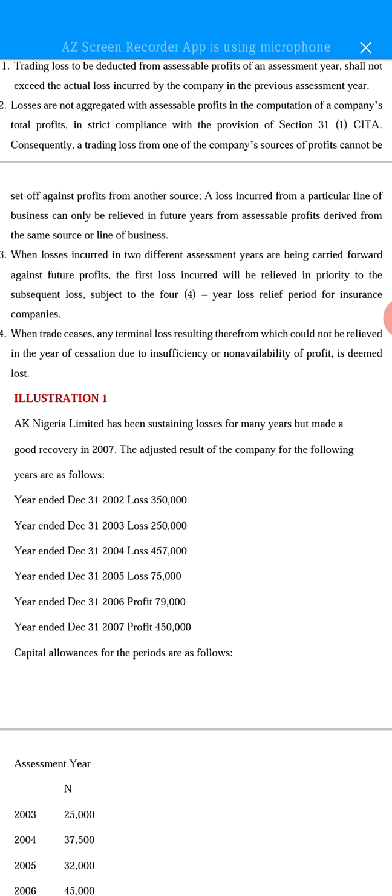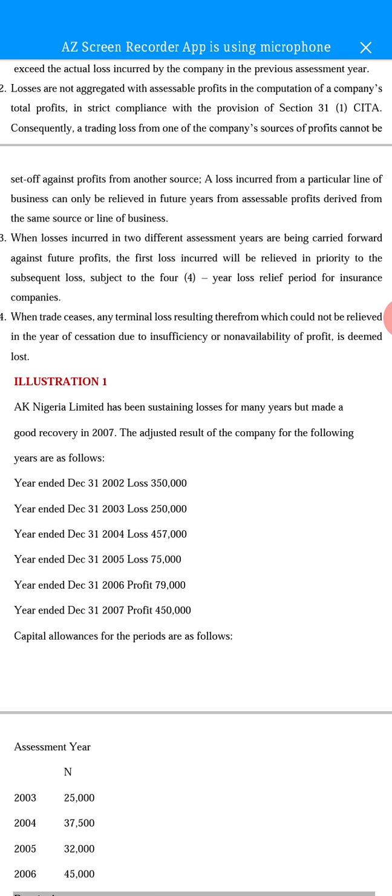That is to say, if within 4 years a company has been incurring losses, in year five, if they are to make profits, you should know that the profit they make in the fifth year, I told you they made loss in the first year, second year, third year, fourth year, in the fifth year they made profit, you should know that the loss they made in year one will be relieved in that year.